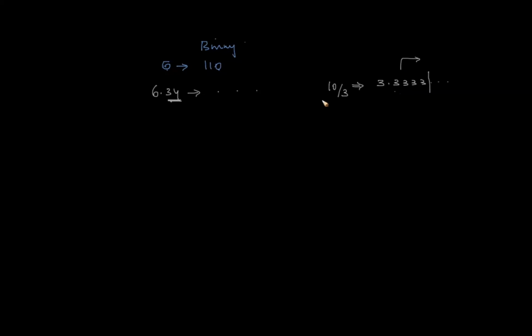So when you get it back, you won't get 10, but you will end up getting 9.999, right? So there is some loss in data. That is true when you convert from binary to decimal and decimal to binary in the case of fractions. When you convert it into binary, it will not stop, so at some point it will truncate it, and that might lead to some loss of data.